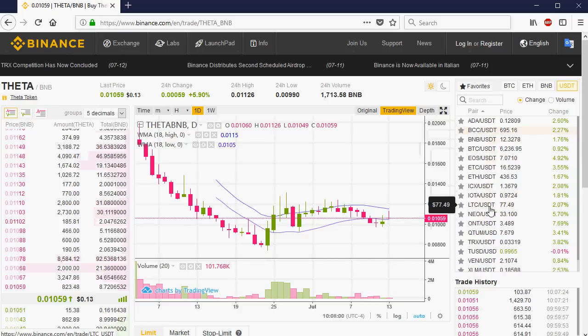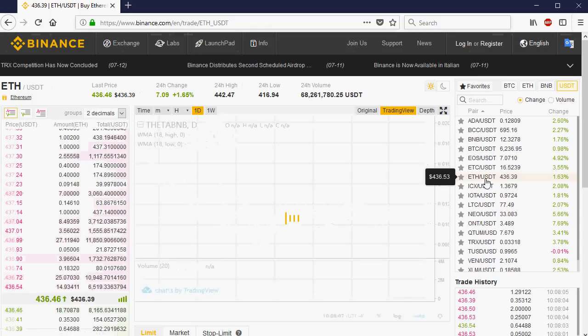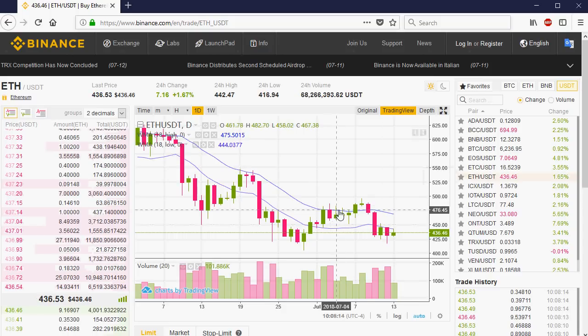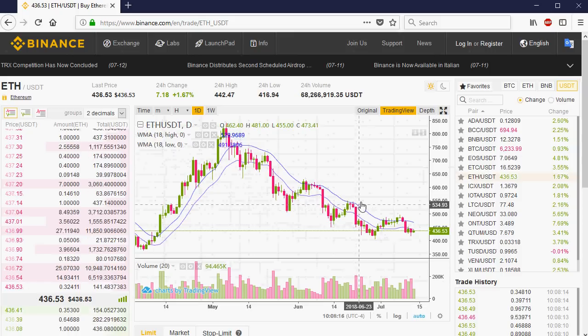If you're looking at something like Ethereum, for example, which is 436, maybe you're looking to get in at 250 or 200, and then at that point you'd be just looking to get these values.